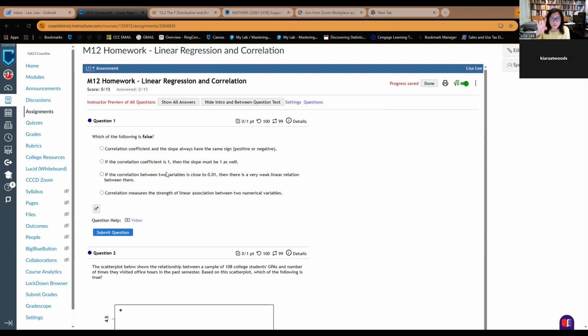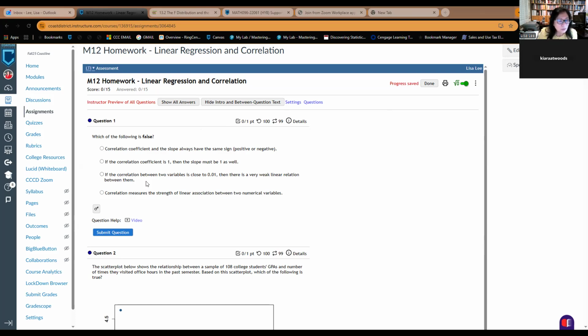But slope is not necessarily 1. In algebra class, slope can be 6 or 5 or negative, whatever, greater than 1. It depends on the numbers given to us.